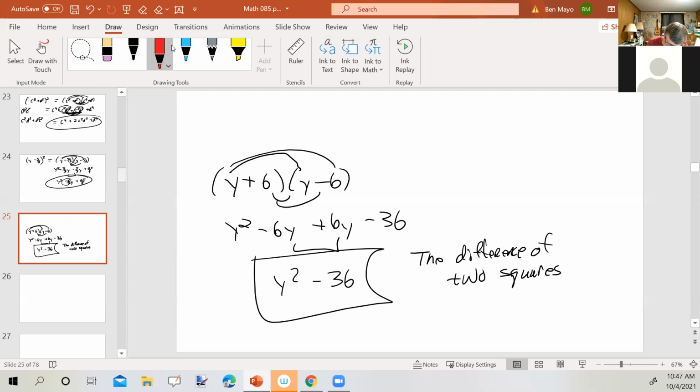Why? Well, first of all, that's a difference, and that's a square, and that's a square. So we've got a square minus a square. That's going to happen whenever we have this conjugate pair situation. The two middle terms are going to cancel each other out. Let's take a look at some more examples of that.